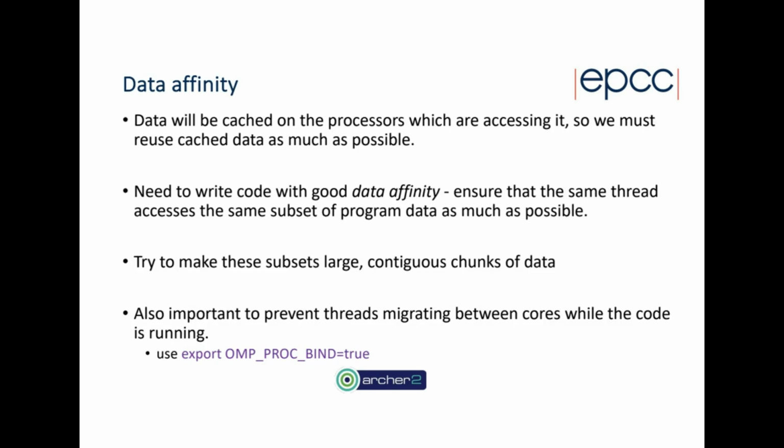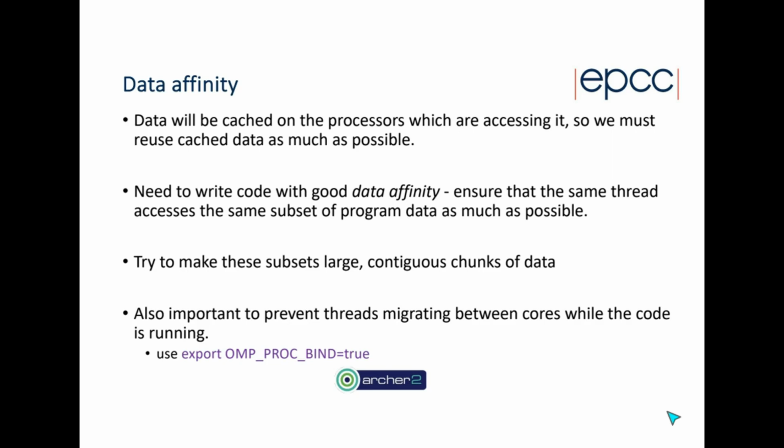Okay. So what does that mean for performance? It really means that because of the way caches work, data is going to be cached on the processors or on the cores which are accessing it. So we have to try and reuse that as much as possible. So we need to write code with good data affinity. What does that mean? You need to try and ensure that the same thread accesses the same subset of program data as much as possible.